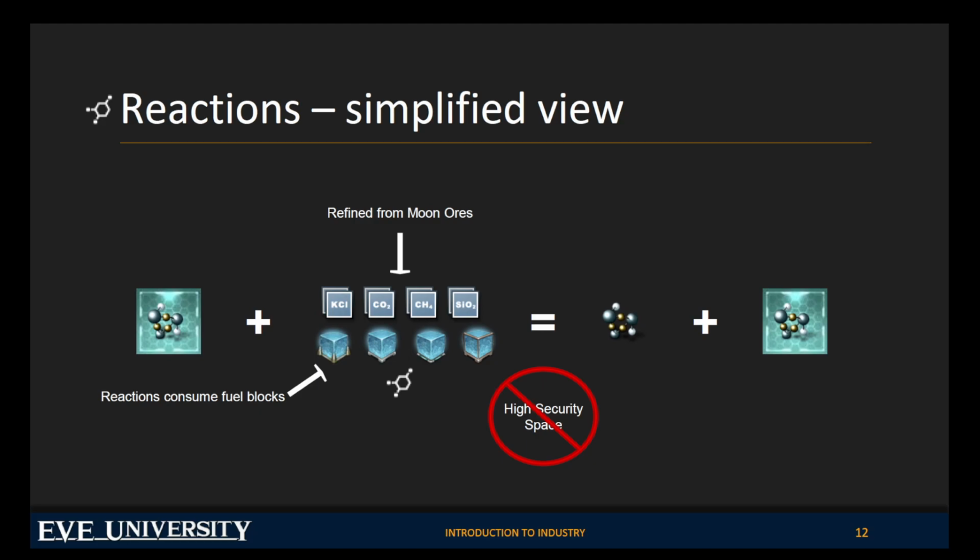Unlike manufacturing, reactions have no research going into them. You can't research material efficiency. You can't research time efficiency. It is what it is. Reactions also require fuel. And what kind of fuel you need depends on what you're reacting. It depends on what you're trying to make, and the blueprint will tell you what you need.